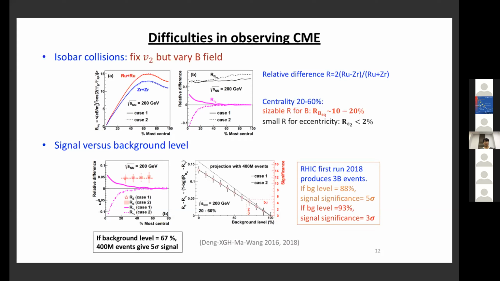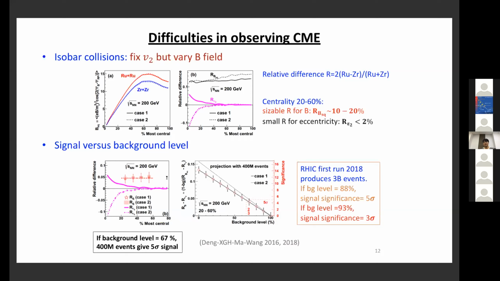And the result shows that if the background level is 67%, and if we have 400 million events, this isobar collision could give us 5 sigma significance to tell whether there is a CME.